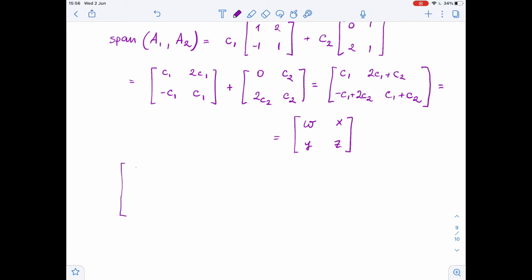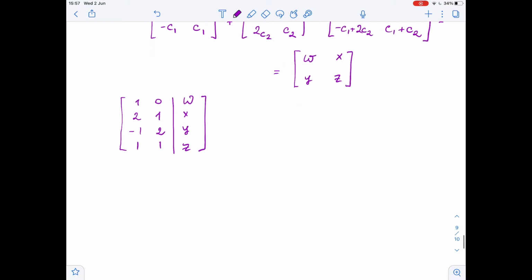So we write down 1, 0, 2, 1, negative 1, 2, 1, 1. So this is the solutions matrix. Here we have W, X, Y, Z. Now we will do some operations with this matrix to find W, X, Y, and Z.